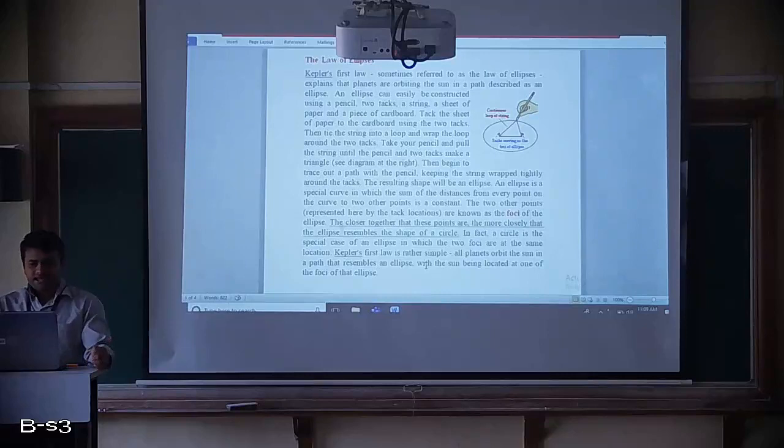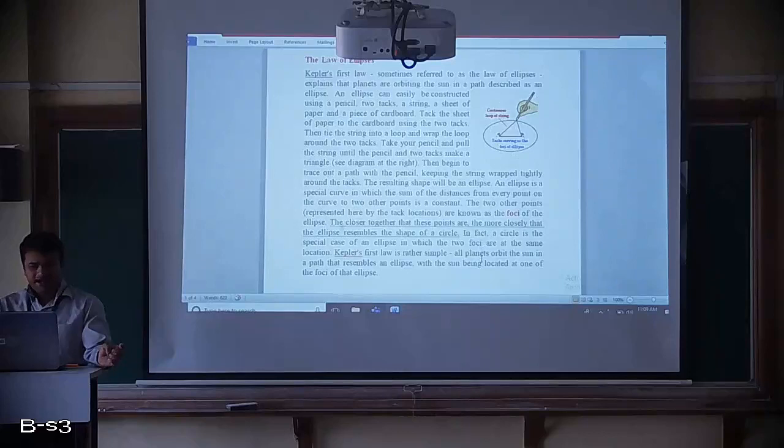Then take your pencil and pull the string until the pencil and two tacks make a triangle. You see the diagram here. Then begin to trace out the path with the pencil, keeping the string wrapped tightly around the tacks. The shape you are getting will be an ellipse.